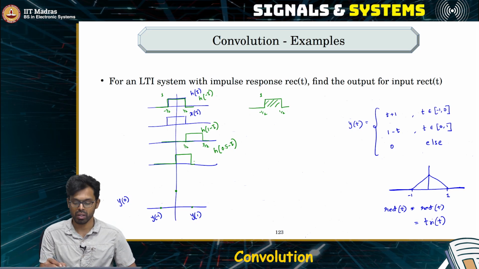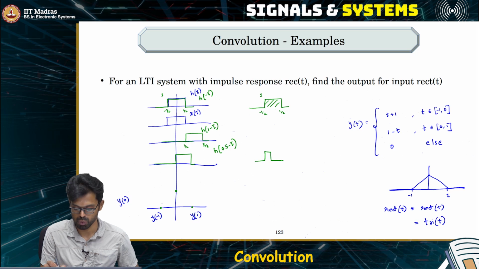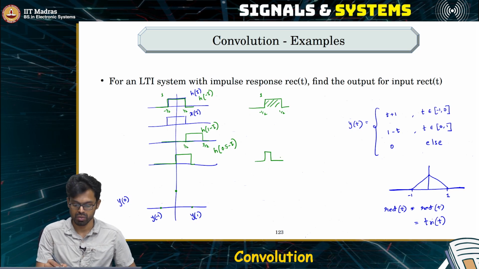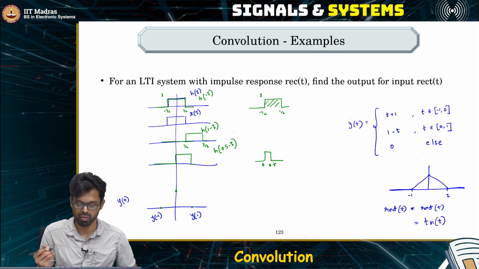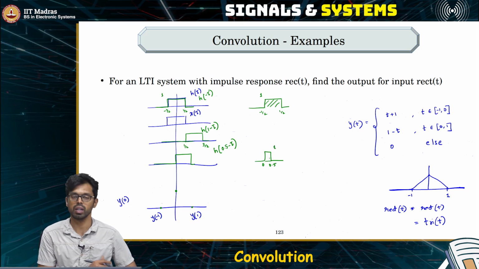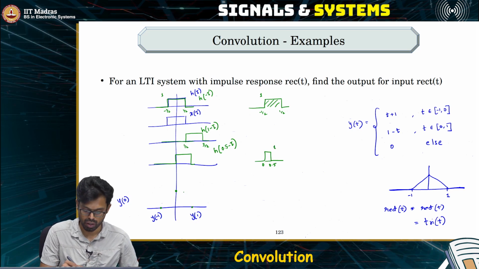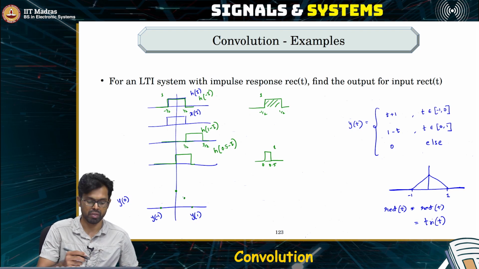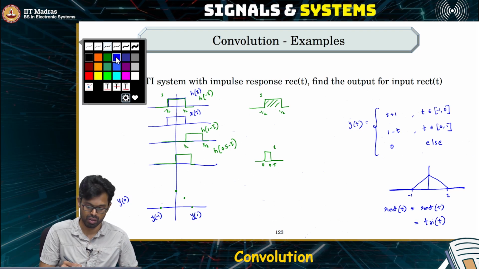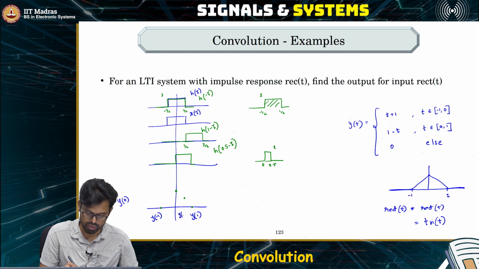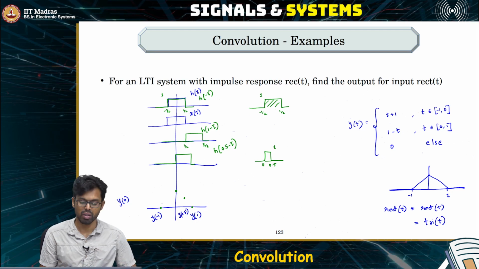Now what is the product? Now the product looks like a small rectangular function which is from 0 to 0.5. What is this area? The area is 0.5. So we have 0.5 here, which is y of 0.5.